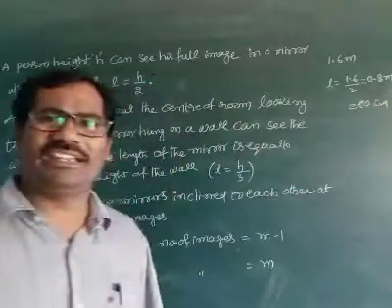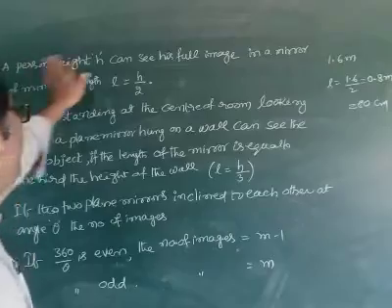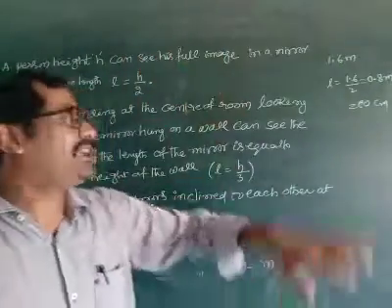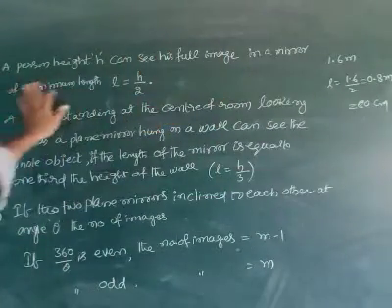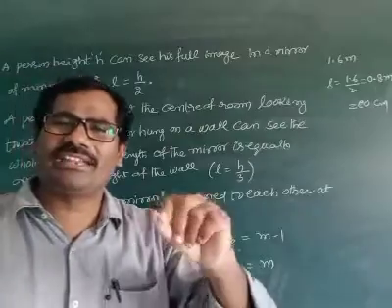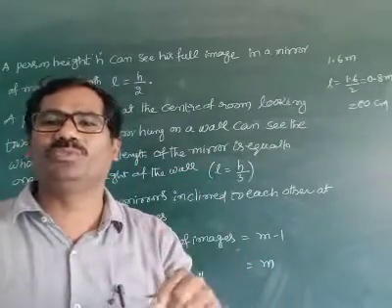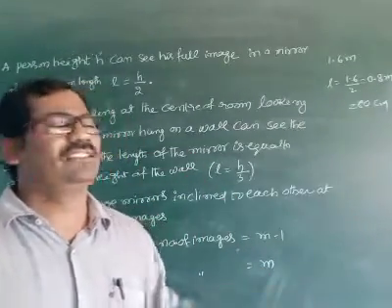So the minimum length of the mirror is L is equal to h by 2, half of the person's height.